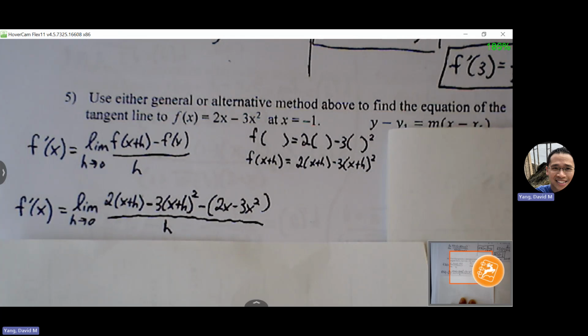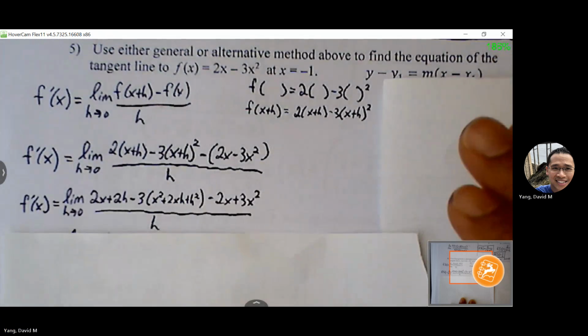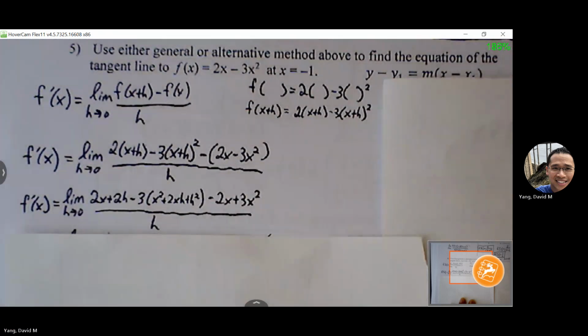You gotta expand out your x plus h, get that expanded out, then distribute the 3 through. And then we always want to protect our f of x with a set of parentheses. Otherwise, that negative may not get distributed through. So I'll make sure we distribute that negative through.